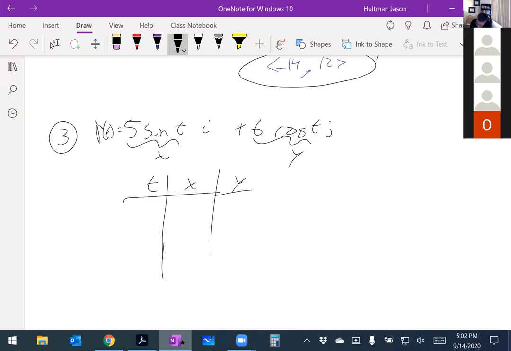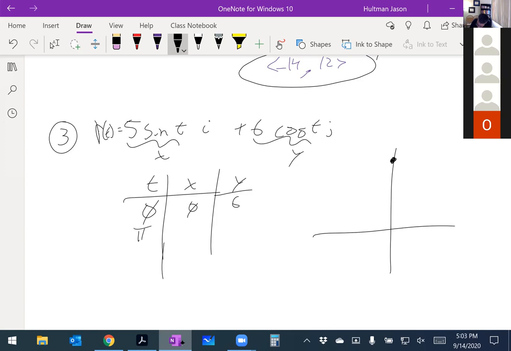If t is 0, the sine of 0 is 0, so I get 0 for x, and the cosine becomes 6 for y. But that's kind of counterintuitive, because what does that mean? When t is equal to 0, we're starting 6 up, not 6 over.